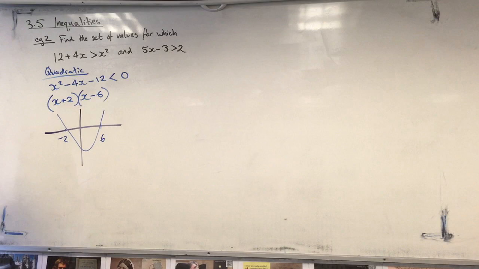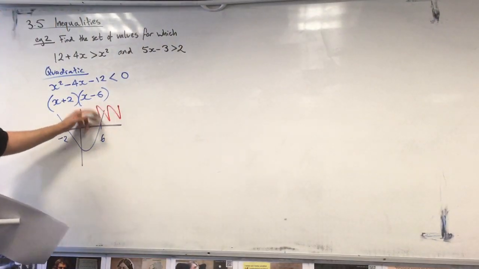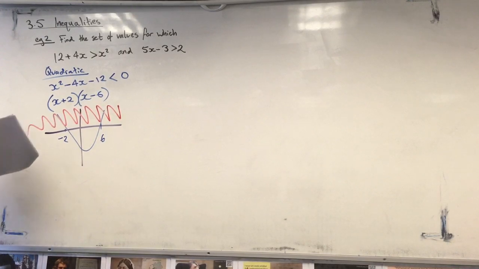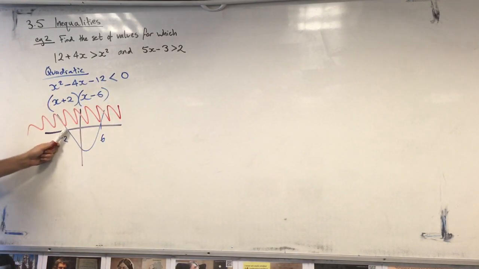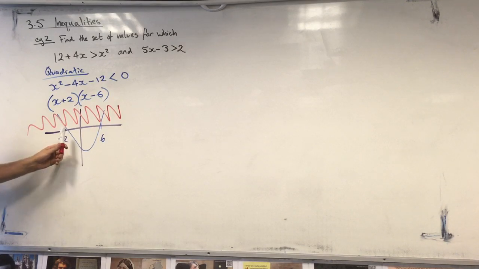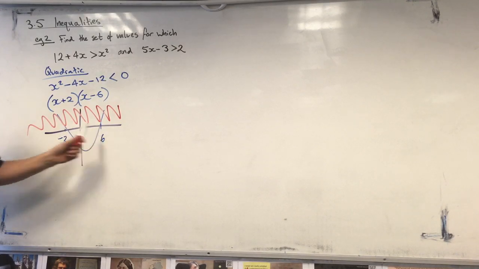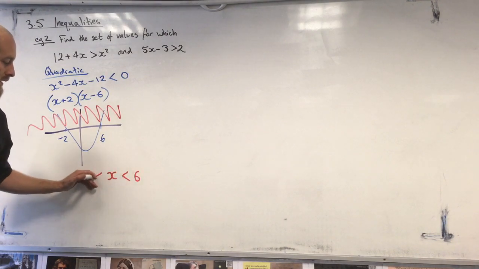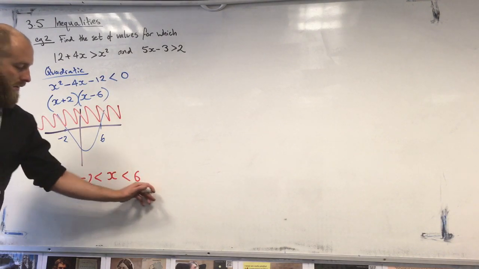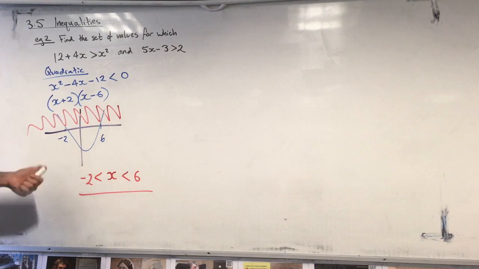So let's cross out all the bits that are greater than 0. Don't need any of that. So which x values make y less than 0? So it's going to be any x value between minus 2 and 6. There we go. Alright, so now we're going to do the same thing with our linear inequality.